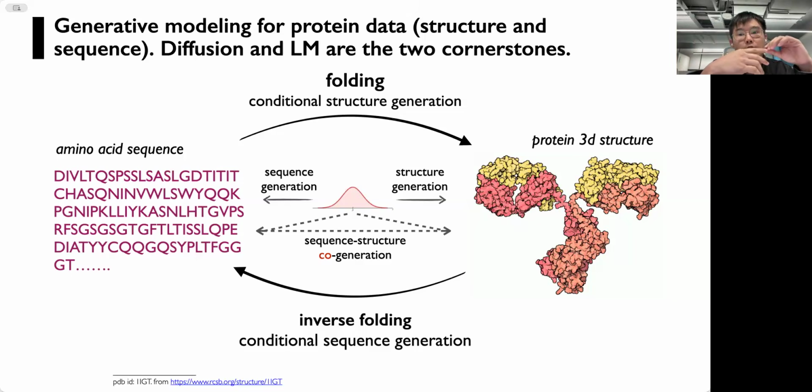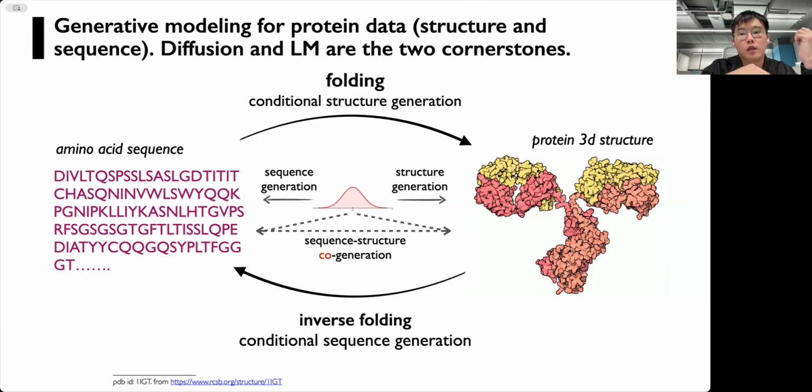We can describe the mapping from one to the other, or generation from noise of either modality, or simultaneous generation of both modalities. This establishes four generative tasks for protein data.